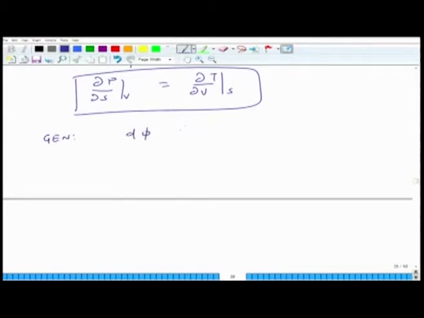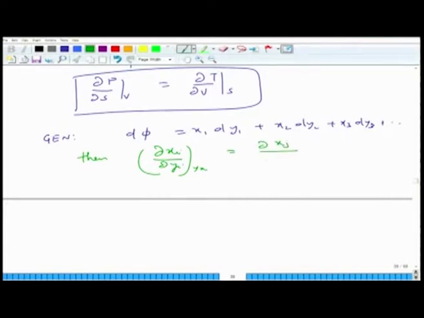If phi is a function which can be written as x1 dy1 plus x2 dy2 plus x3 dy3 and so forth, then del xi by del yj for a given yk is the same as del xj by del yi for the same yk. That is what it is trying to say.